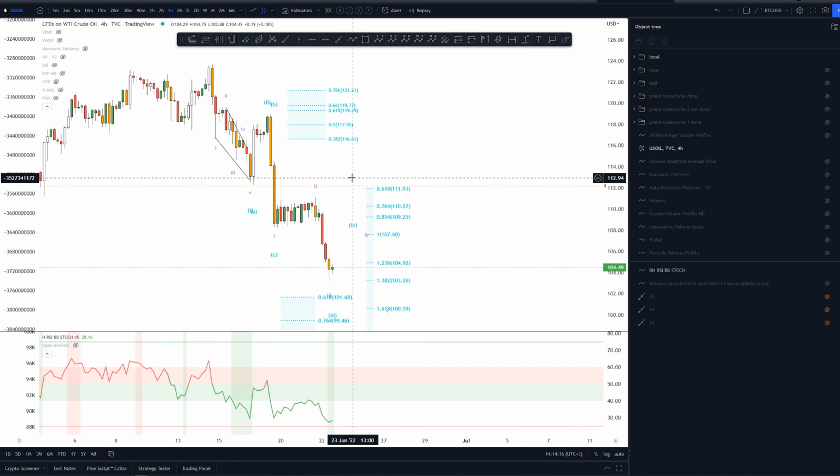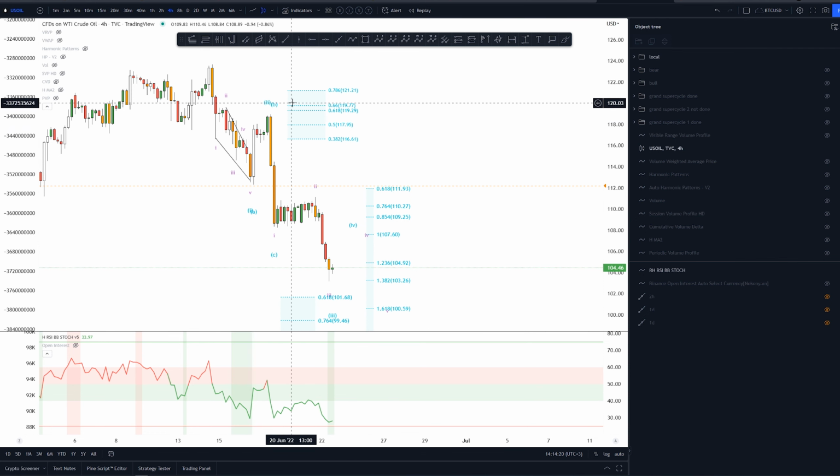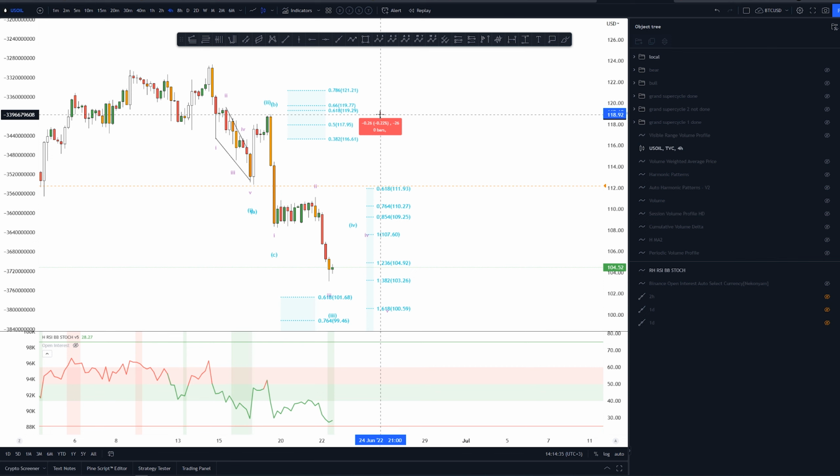So yeah, at the moment I'm most likely going to be sitting on the sidelines, as I did not catch this drop here. I had an alert here at around $119, and I missed it by like 0.2% or something.